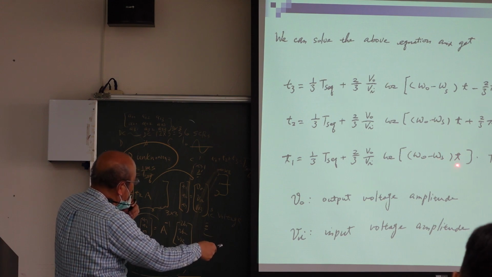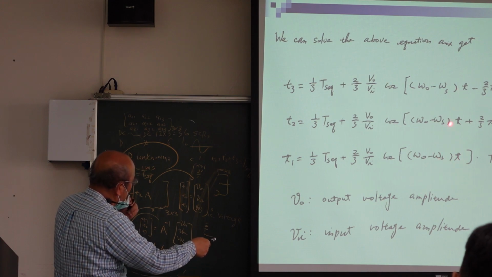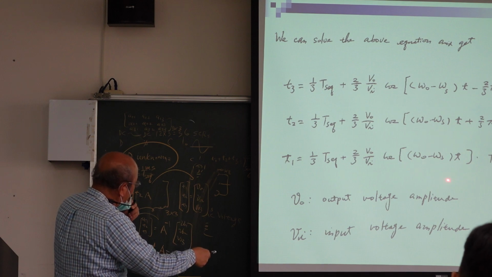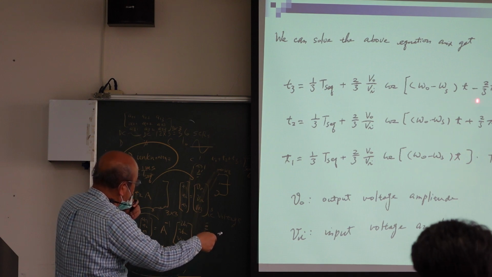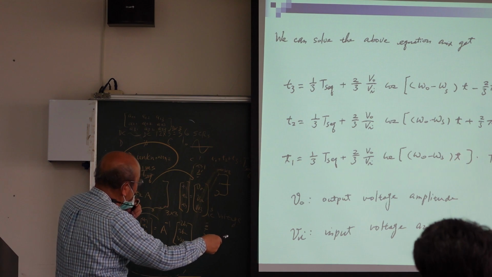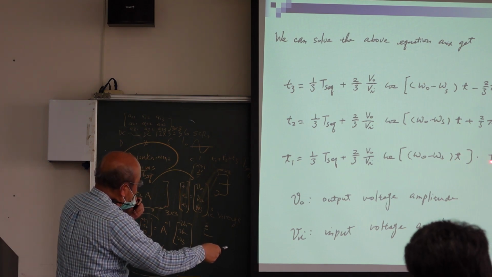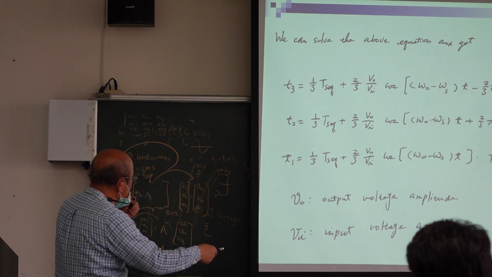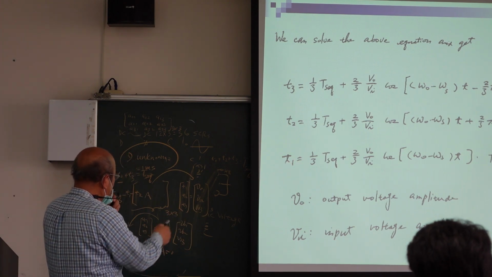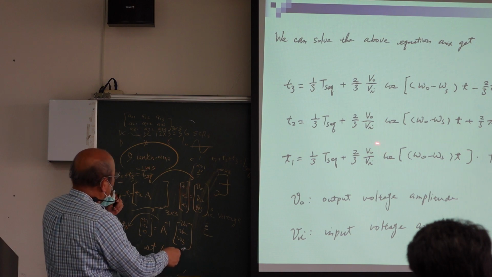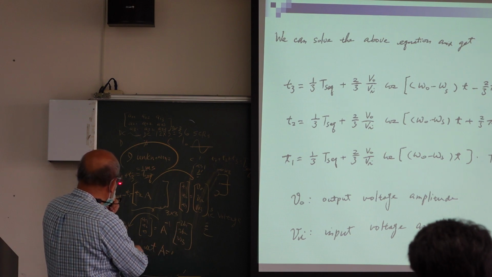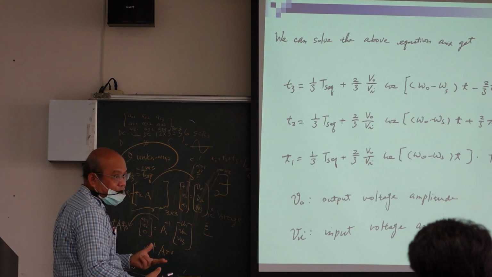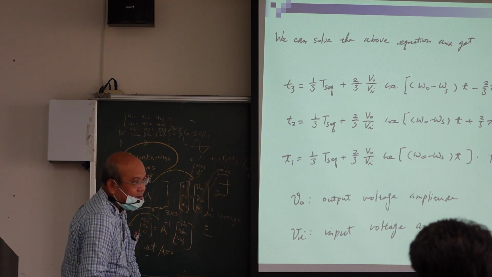This is time from 0 to 0.5 millisecond, 1 millisecond, 1.5 millisecond, increasing. This is the T sequence. You can design the T sequence at 1 millisecond, so you can compute T1, T2, T3. Then you can send the time intervals into the switches. Then you finish the matrix converter.